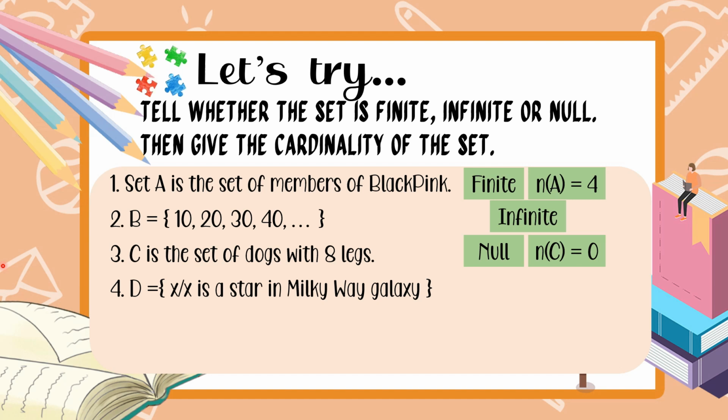Set D is the set of all X such that X is a star in Milky Way galaxy. Is this one a finite, infinite, or null set? This one is an infinite set. Alam naman natin that the stars in the Milky Way galaxy is infinite dahil ang Milky Way galaxy is expanding. So, padami ng padami ng padami pa yung mga stars na meron sa ating Milky Way galaxy. So, therefore, it's infinite.